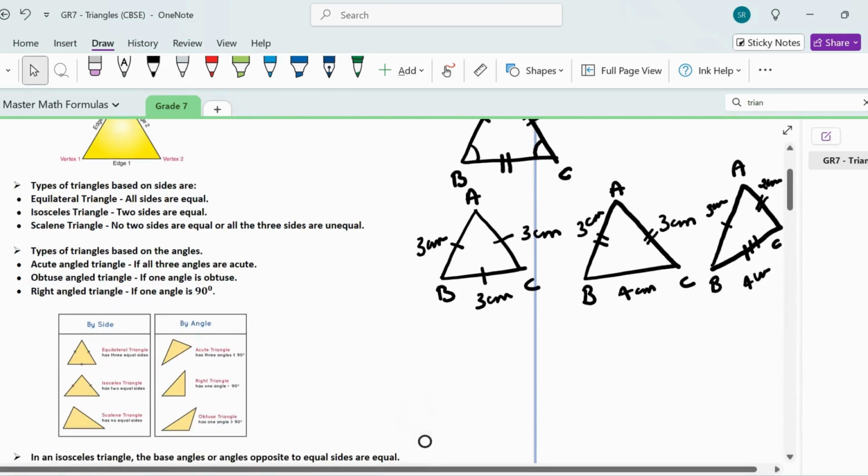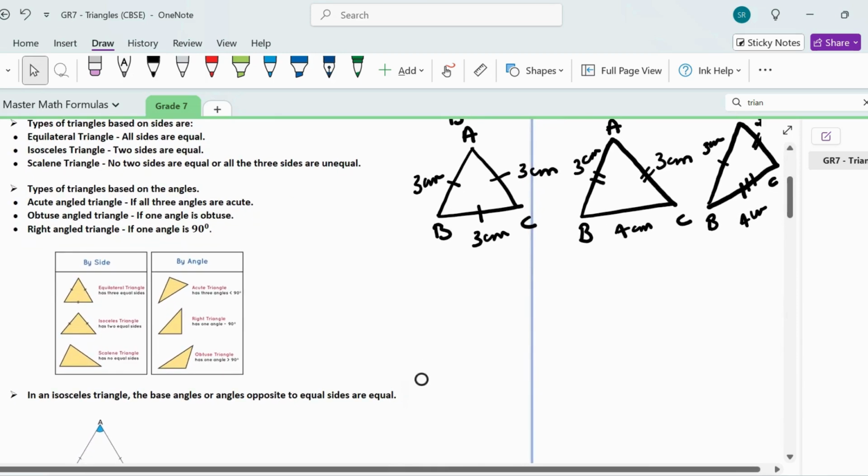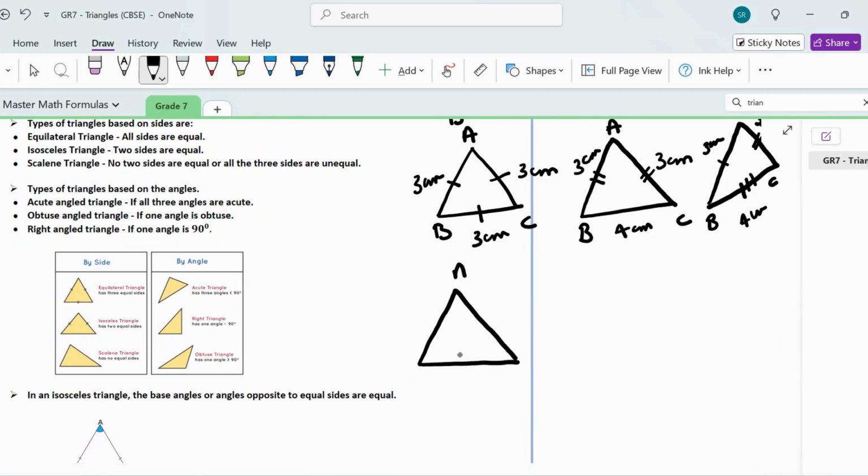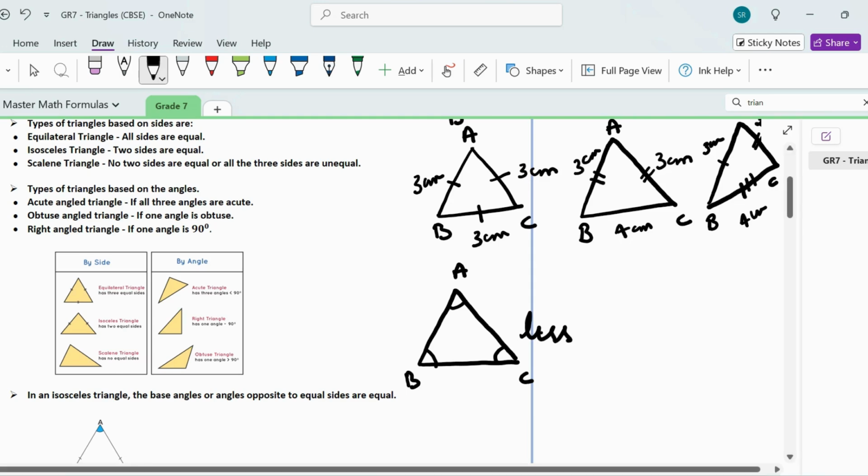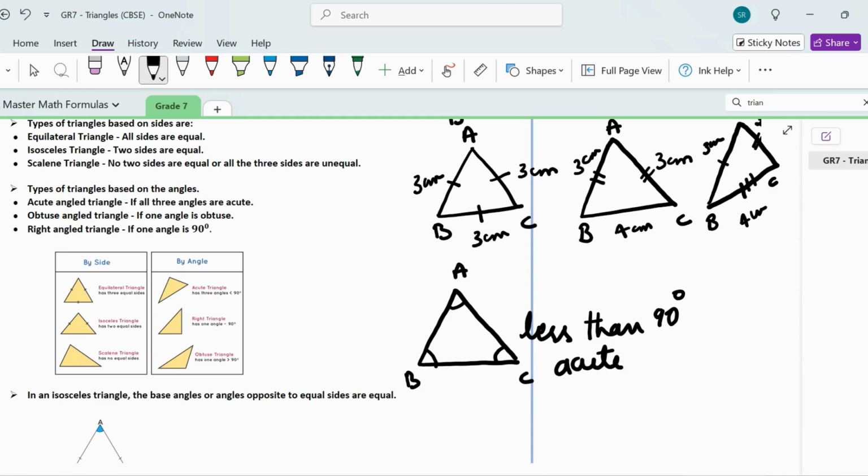Next, we'll move on to types of triangles based on angles. In a triangle, as you all know, there are three angles A, B, C. Now, if all the three angles of the triangle measure less than 90 degrees, that is, all angles are acute, then it is called an acute angled triangle.